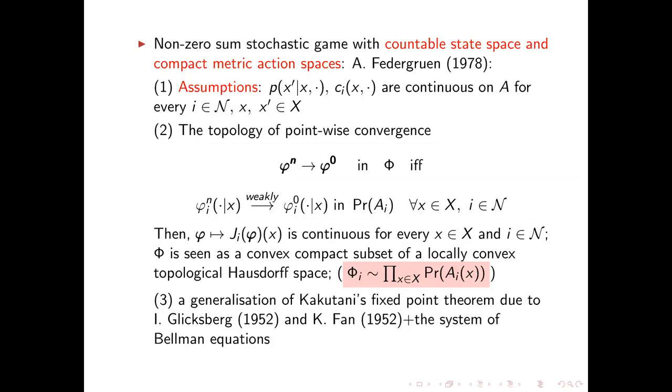Since each action set A_i of player i is a compact metric space, he needed some extra continuity assumptions, so that the transition probability and the cost functions are continuous on the action sets of the players A.